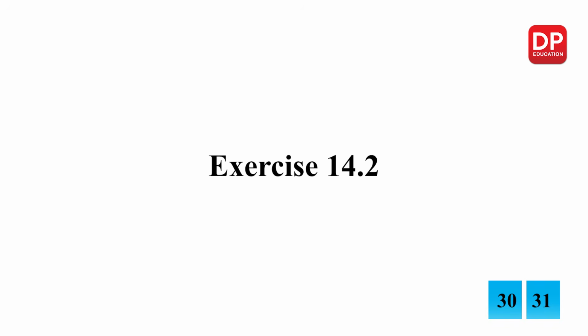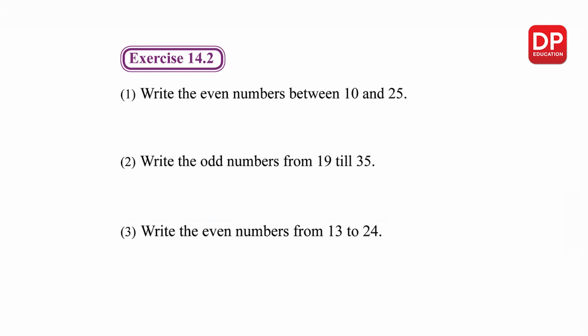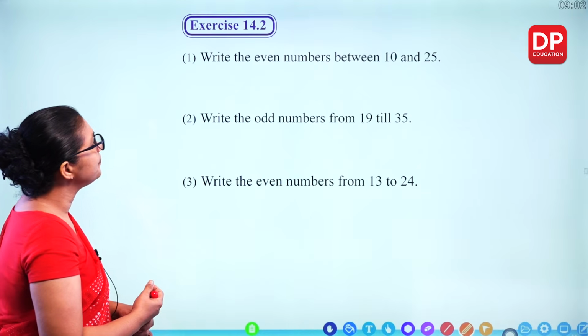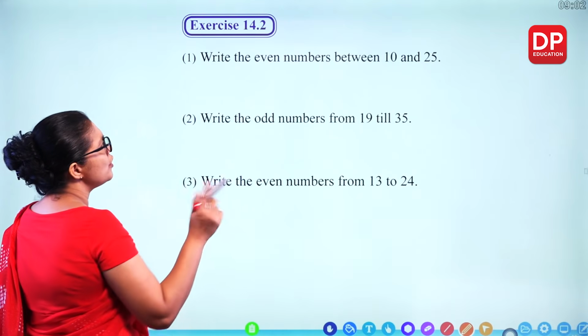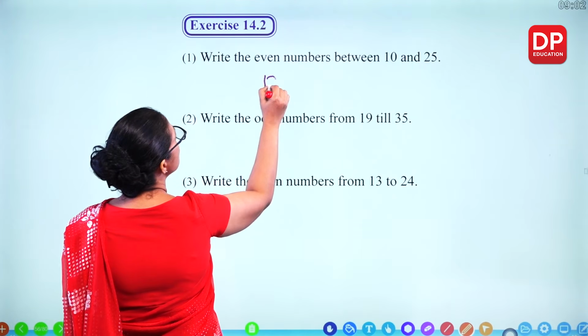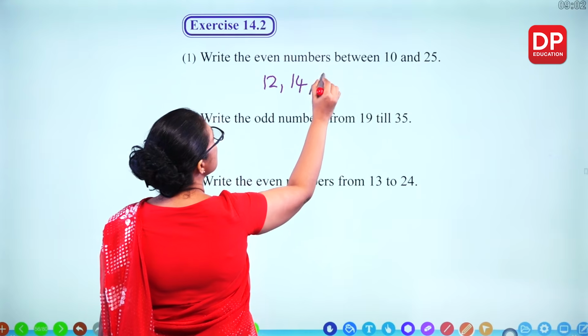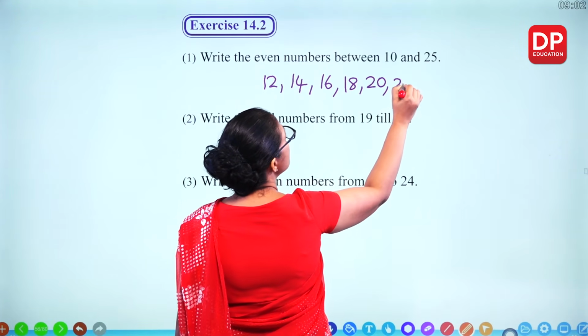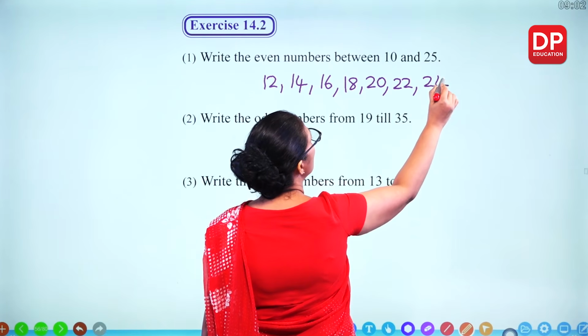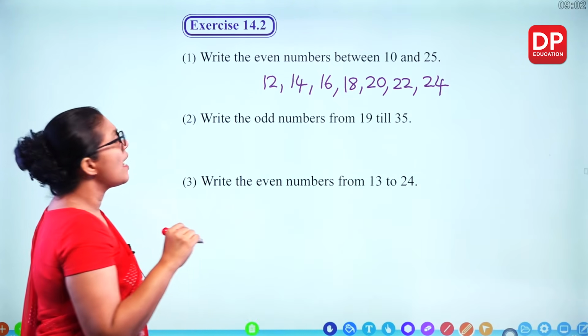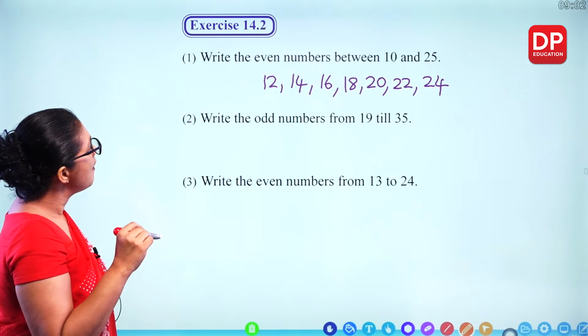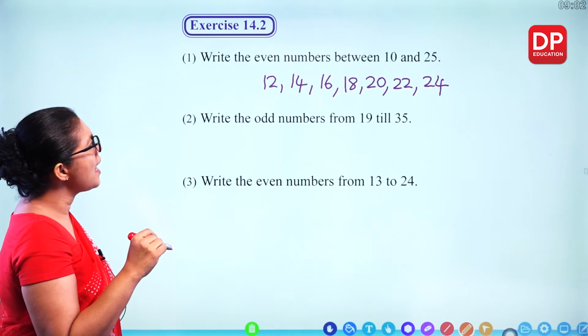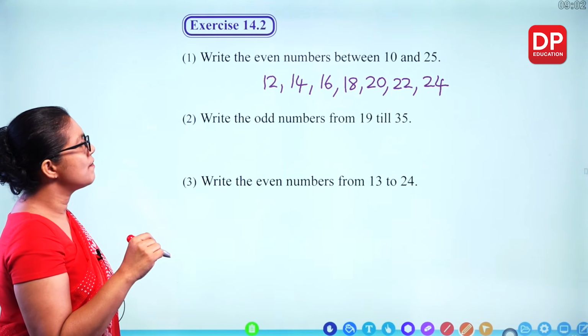Exercise 14.2. Write the even numbers between 10 and 25. Between, so we don't consider the two numbers: 12, 14, 16, 18, 20, 22, 24. So those are even numbers. Write the odd numbers from 19 till 35.